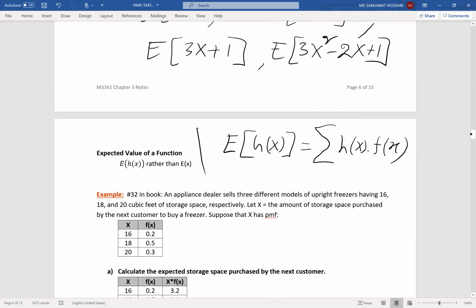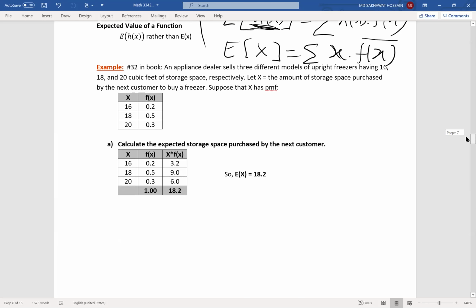In the case of x, the expected value of x was x times f of x, that is, x times the probability function. Similarly, for any function of x, the definition is the same. It will be the summation of the function for which we want to find the expected value, times the PMF or PDF. Okay.